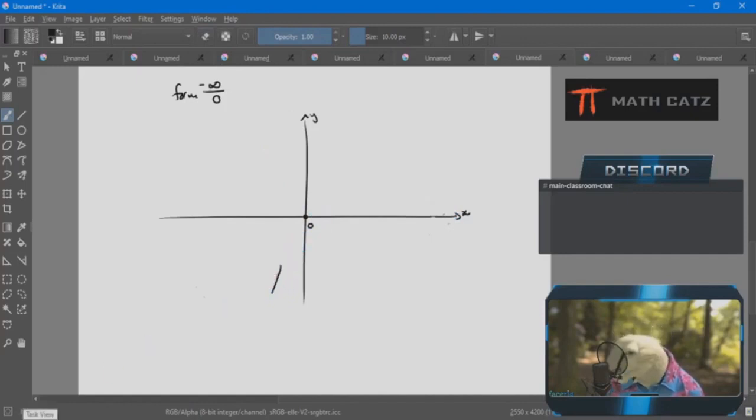I'm going to be a little curvy here, just so I can draw it easily. Like this. Curve in there. Something like that. There's a top there.